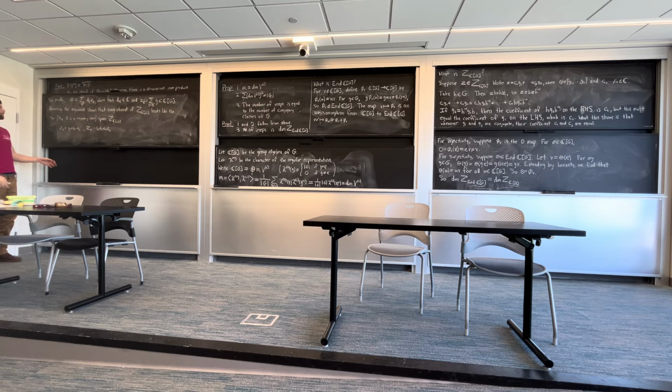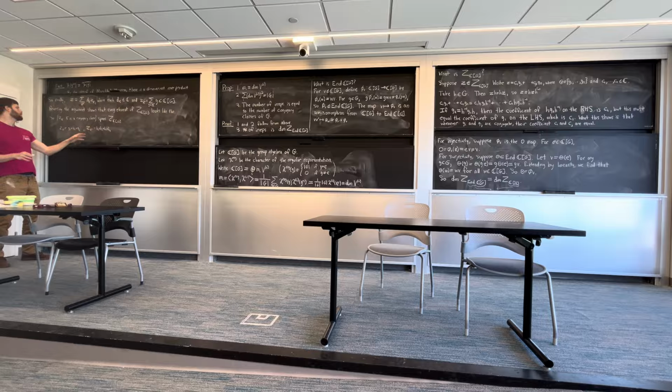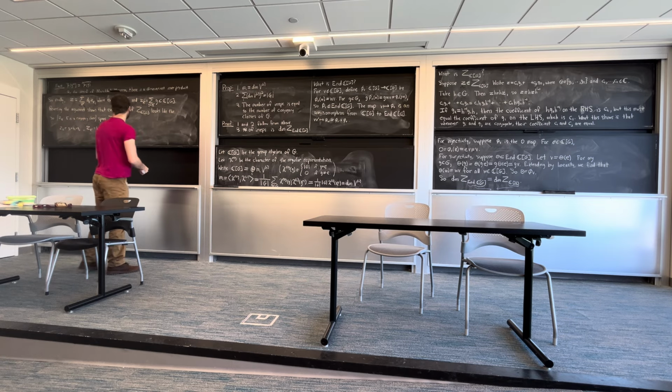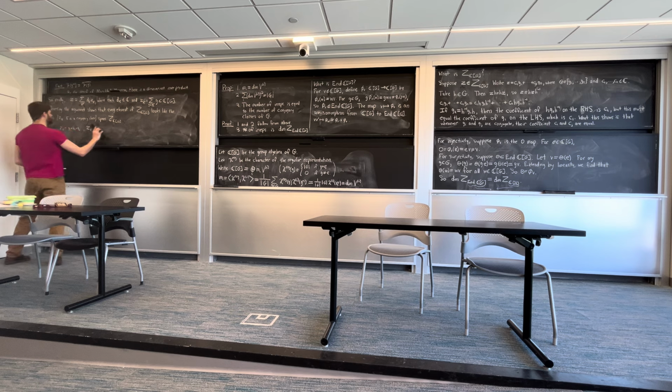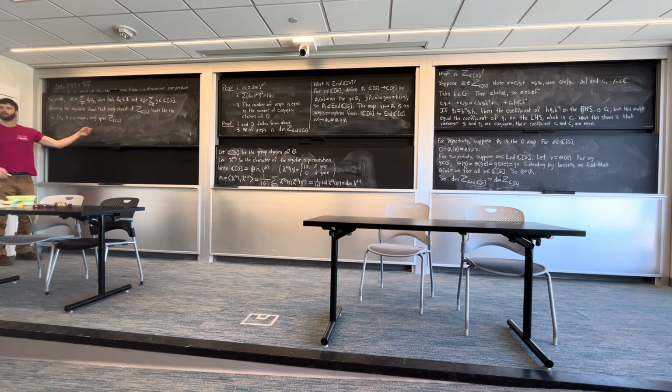The point is that if these are different conjugacy classes, then these sets are disjoint, and so these disjoint sums have to be linearly independent. Maybe that example wasn't so illustrative, but hopefully this makes sense.